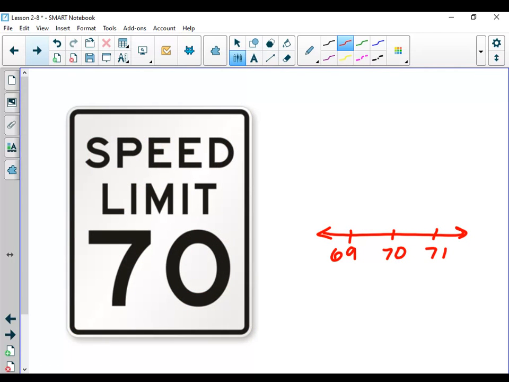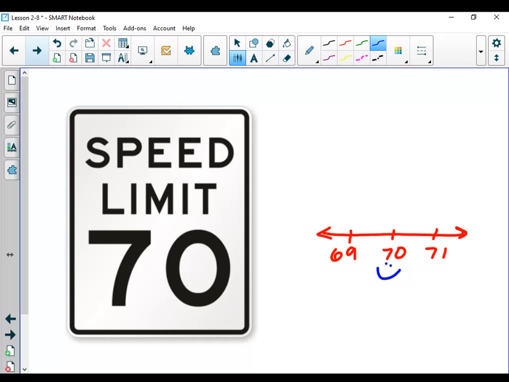Third example. Every day on my way here, Highway 94, I see this speed limit sign. Speed limit 70. The preferred speed. If you can figure out how to go exactly 70, you go right ahead.